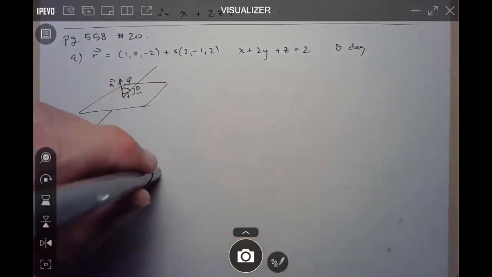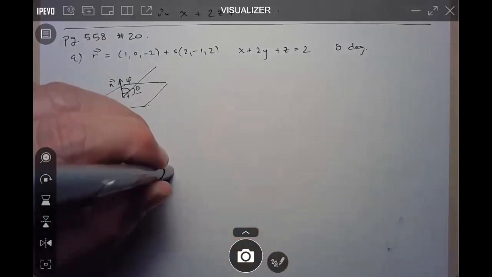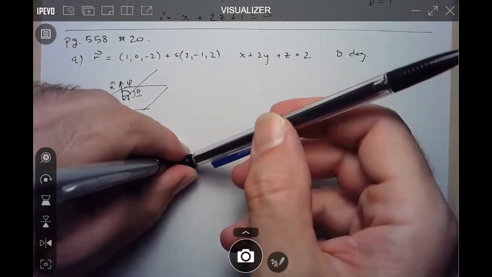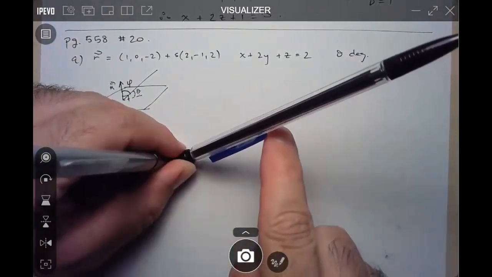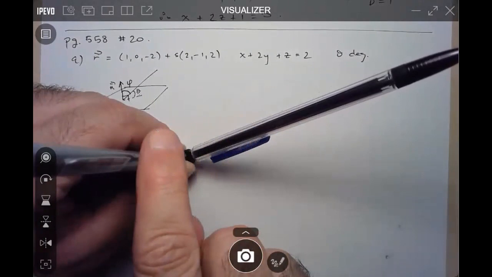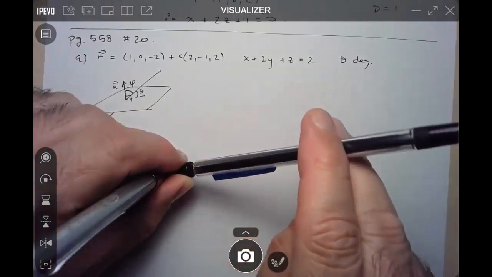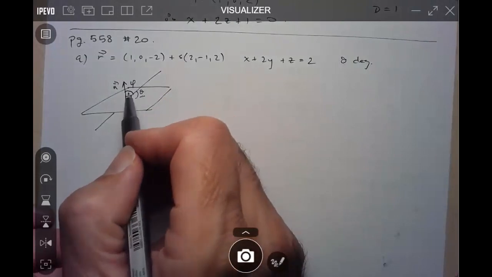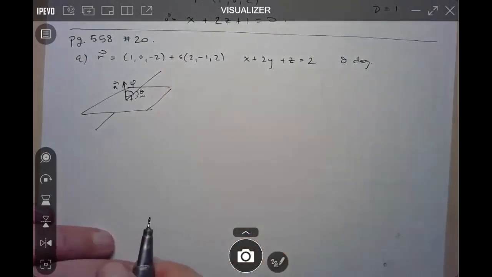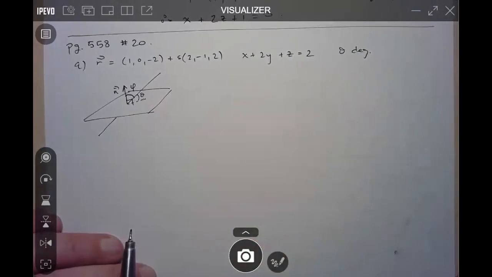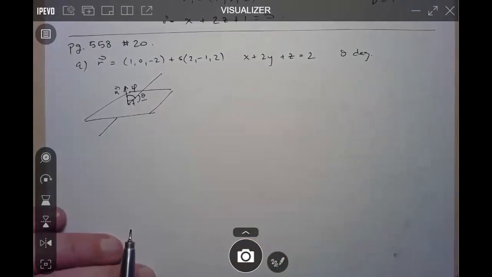There's my line, there's my normal. So the angle to the plane and the angle to the normal make up the 90 degrees. So again, I'm going to do this indirectly. I'm going to find the angle to the normal and then subtract that from 90 in order to get the angle I'm looking for.